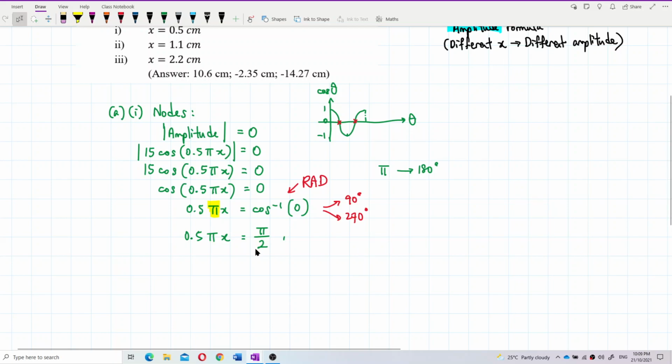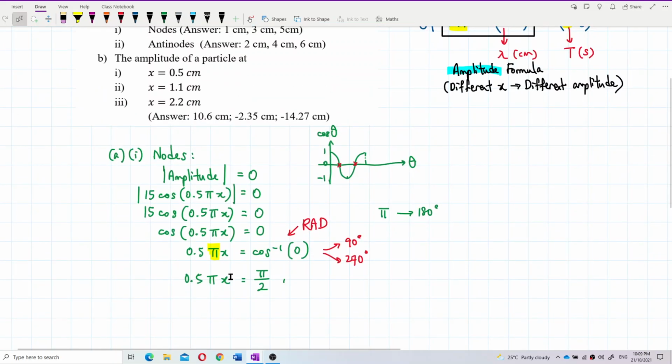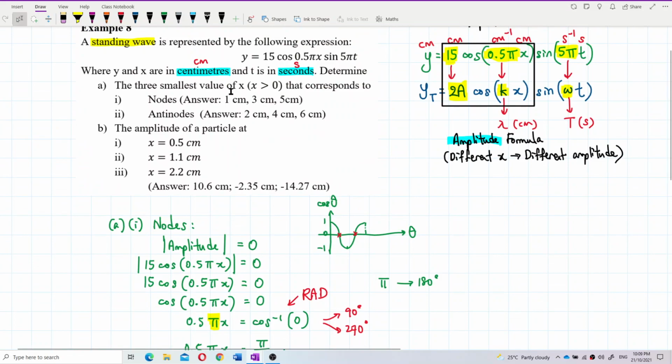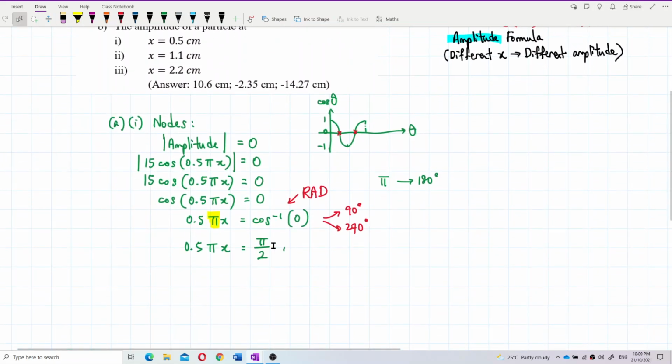Okay. Next, because we want 3 values of x, you need to have 3 values here. So 90 degree is pi over 2. And we know that 270 degree is 3 times the 90 degree, right?